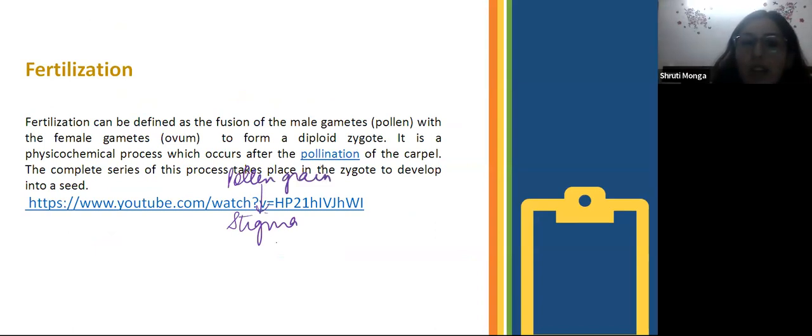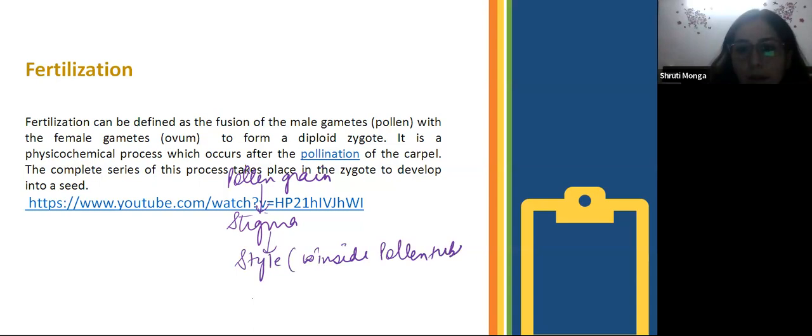Pollen grain will land on the stigma. They will go in the style, and inside the pollen tube, then they will go in the ovary, they will go in the ovule, and they will fertilize with an egg.